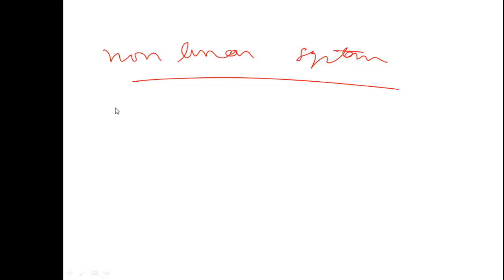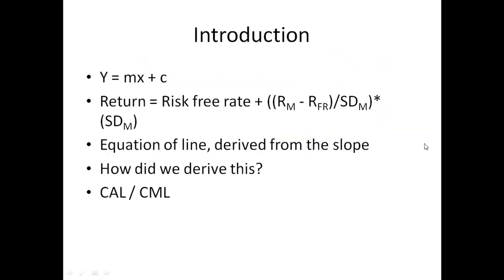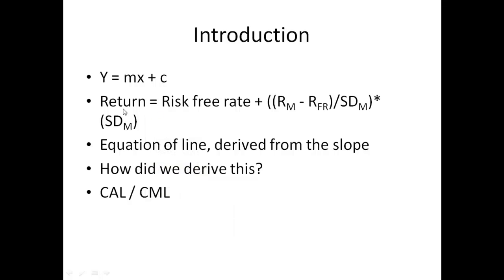So there are new theories of neural network and all those things which are quite advanced, and time series, etc., but those are not the things which we are going to look at. So here we are going to just look at the straight line and the equation 2 here. This is the equation of the straight line where we have used y is equal to mx plus c, and we have looked at slope.